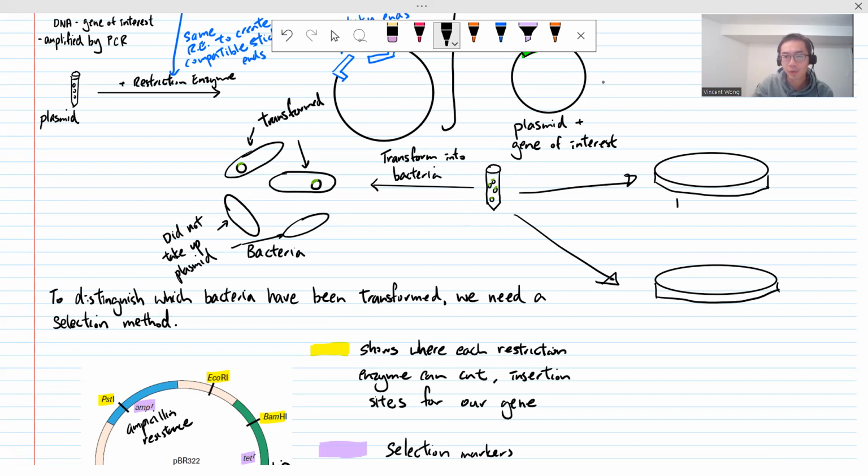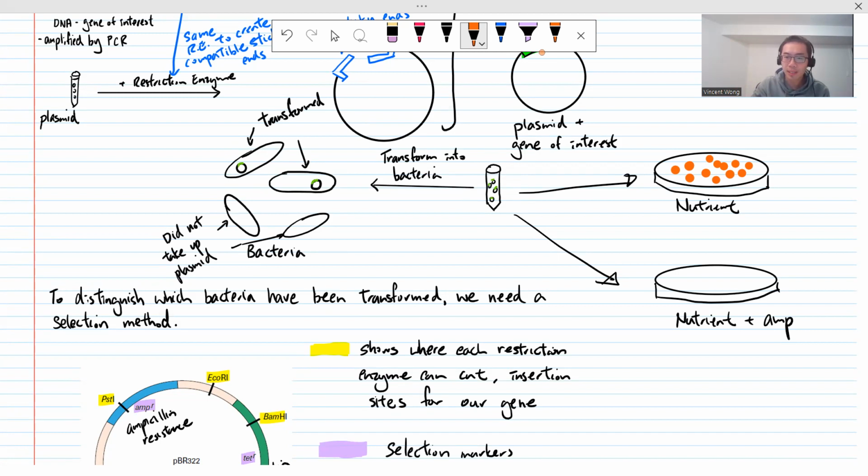This is just nutrient. This is nutrient plus, let's say, ampicillin. Well, if it's just nutrient, you would expect them to grow, whether you have the plasmid or not. They are going to grow.